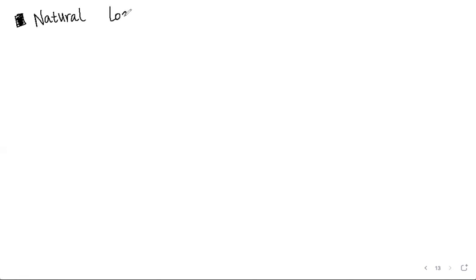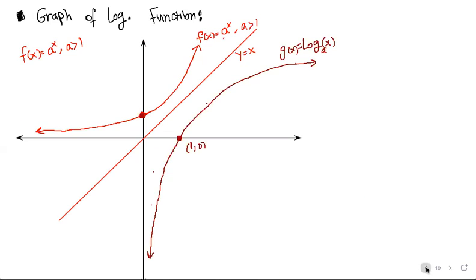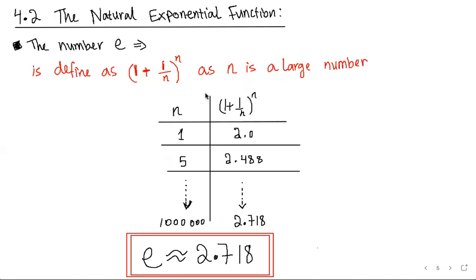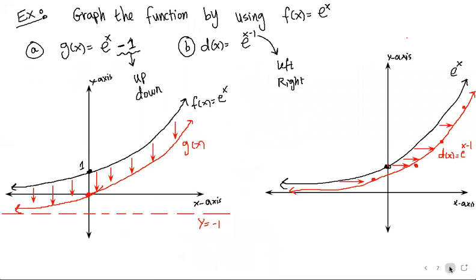The natural logarithm is a logarithm to the base e. E is the exponential number, 2.718. So if the logarithm has this base, it is called the natural logarithm.